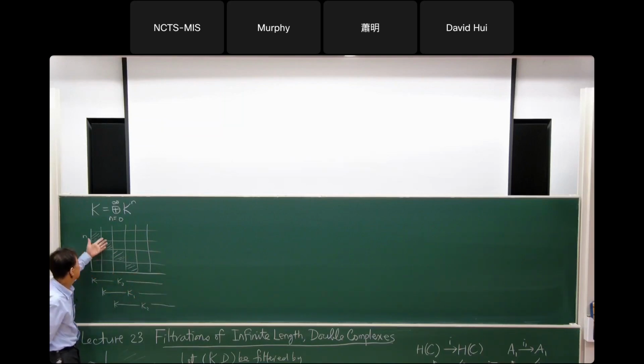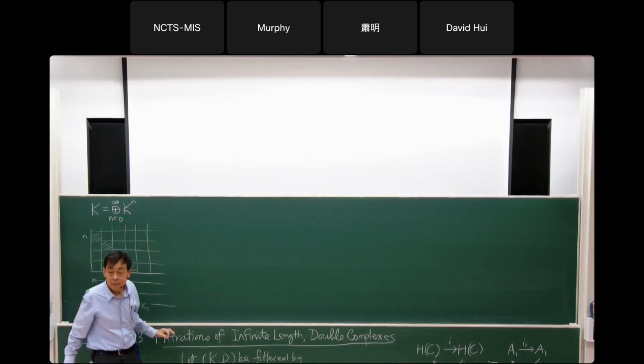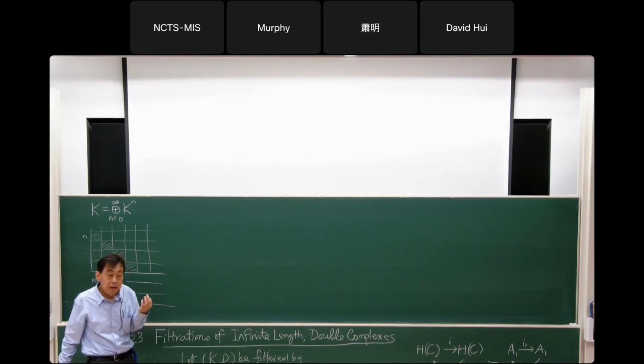So you can have a situation like this. And then in this case, we'll show that in degree N, the spectral sequence will stabilize and it will again compute the associated graded complex of the cohomology of K, but only in degree N.